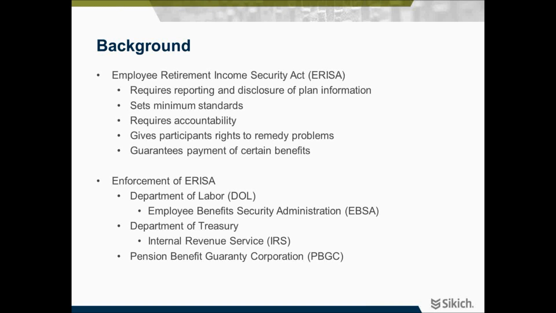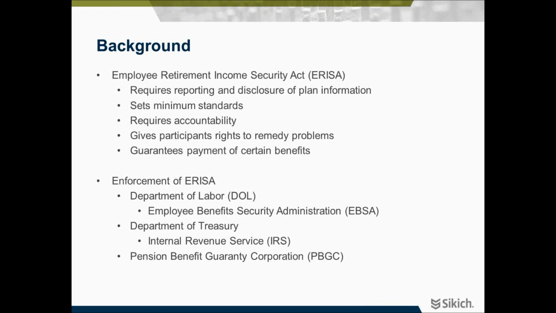It requires accountability of the plan fiduciaries. When we say fiduciary, we mean anyone who has discretionary authority over the plan's assets or the plan management. ERISA gives participants rights to remedy their problems, and it also guarantees payment of certain benefits through the PBGC.